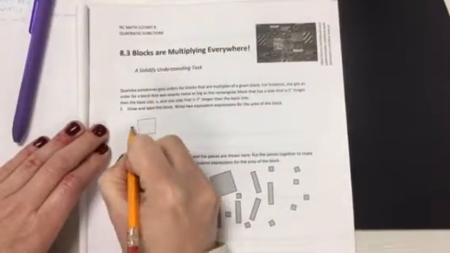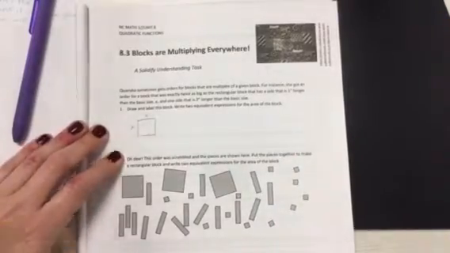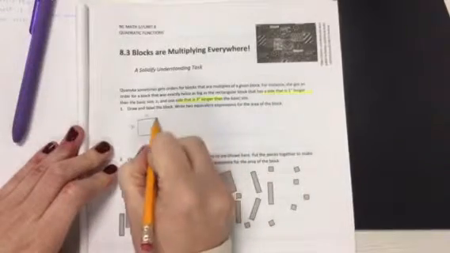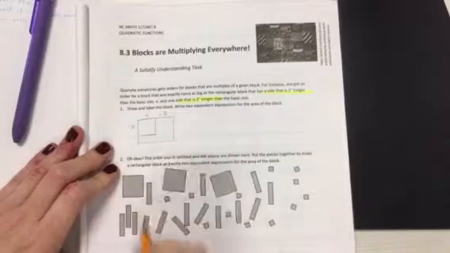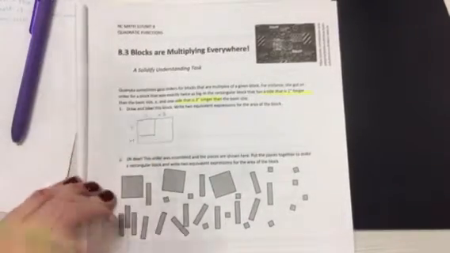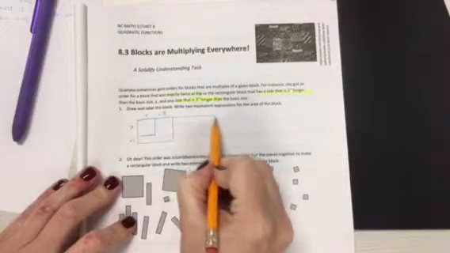Okay, so if our original block is X by X, we have one side that is 1 inch longer, and one side that is 3 inches longer. So this side, let's make X plus 3, and this side will be X plus 1. But this block is exactly twice as big, so I'm just going to double this block.